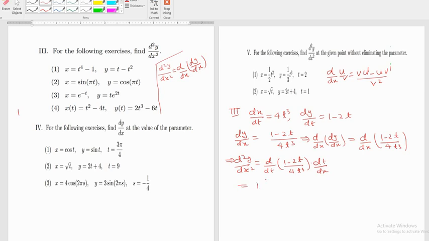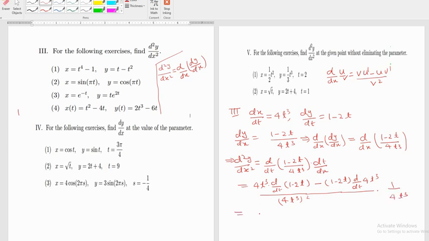So v, that means 4t cube, and then d dt of 1 minus 2t, minus u, 1 minus 2t, and then d dt of v, 4t cube, divided by 4t cube power 2 and multiplied by dt dx. dt dx means opposite of dx dt. That means 1 divided by 4t cube.